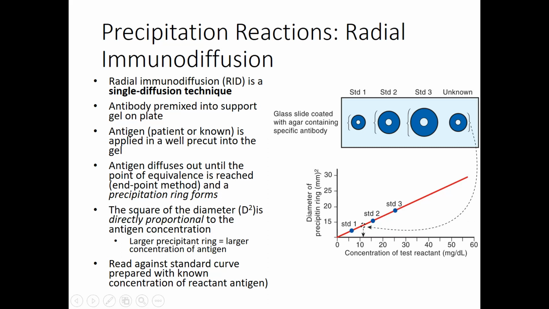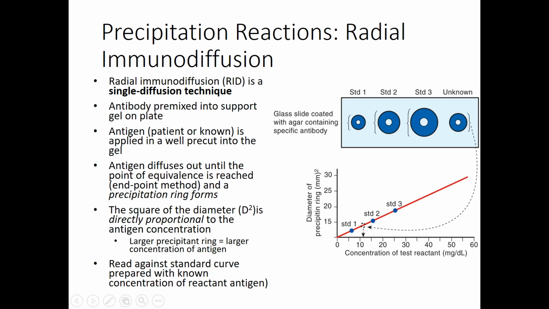And as it continues to move, the further it moves away from the point of inoculation, there is antibody-antigen formation of precipitation of immune complexes. So as the antigen leaves and passes through the gel and encounters the appropriate antibody, it forms a complex. And we can visibly see that. It looks like a little hazy ring in the gel.